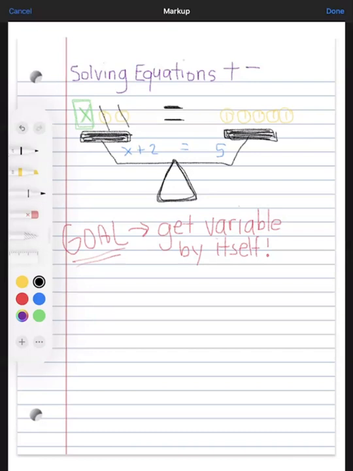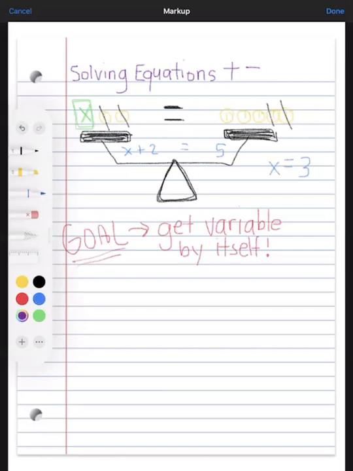So because I took off 2 on the left-hand side, I also need to take off 2 on the right-hand side. So that leaves 3. And what that tells us is that X equals 3. Because if X is 3 and then you have 2 more, that's going to give you 5. And so that's why the scale was balanced, because each side had 5.